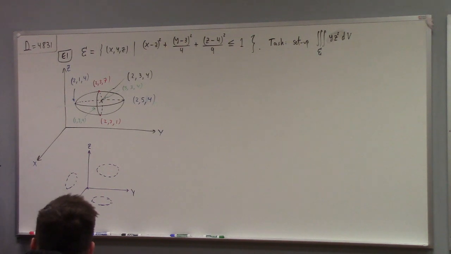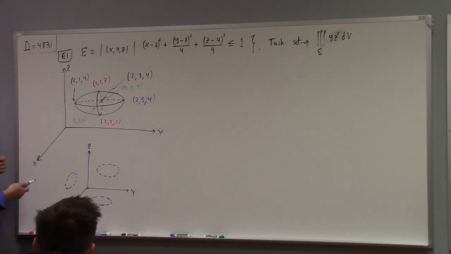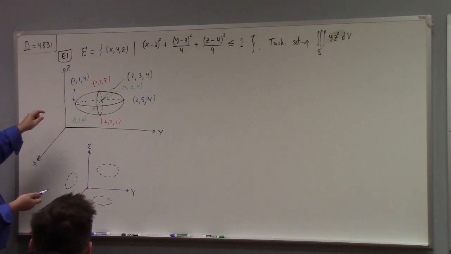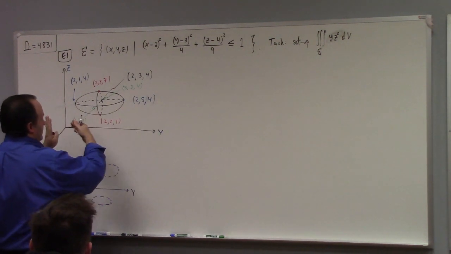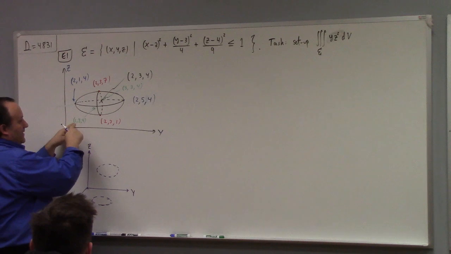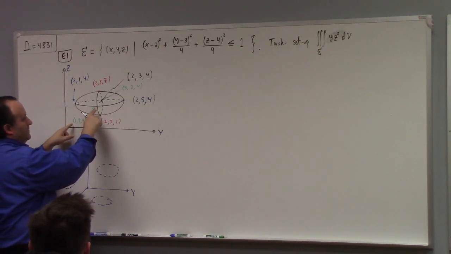So let me start by trying to describe the breakdown of E, where we will start by slicing the x. Right? Let's start by slicing the x. And so, what's my x? What can x do? What is x stuck between? So we look at the green points, right? X is going at smallest 1. Excuse me.